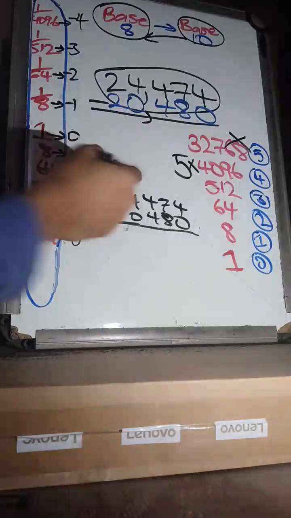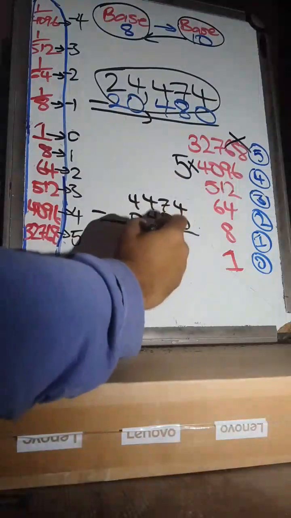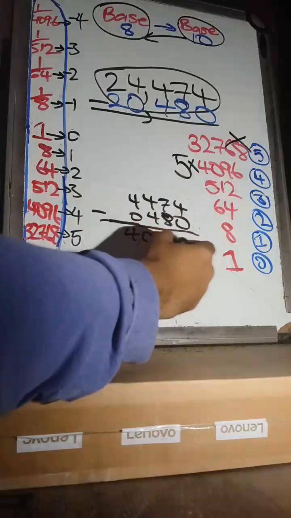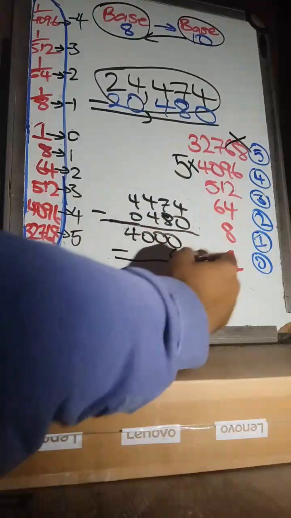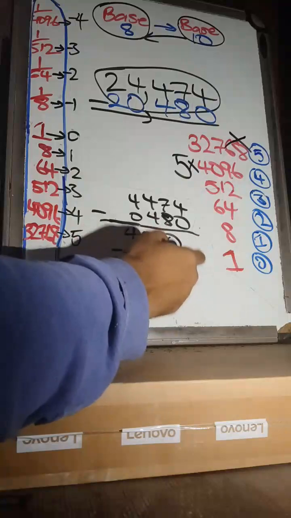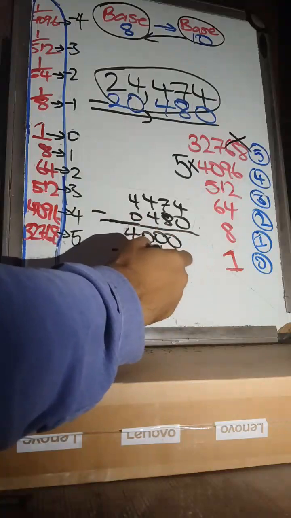Now if I took 474 from both of them, I'd end up with this. 474 from that would leave me with just this. So add 4 to that, 9 to that, 9 to that.